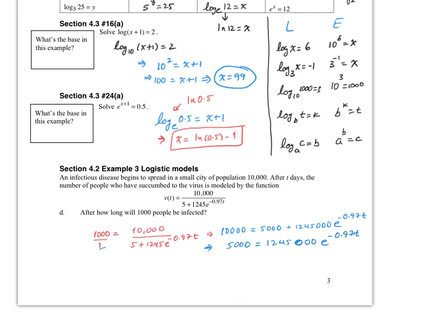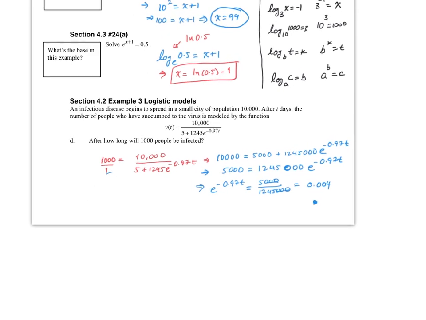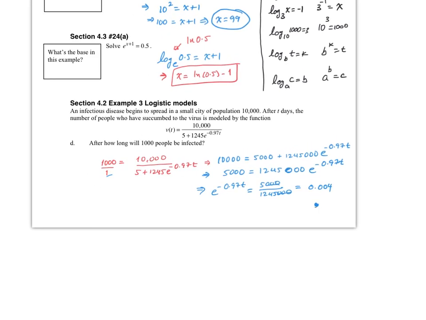Okay? Which means that e to the minus 0.97 t is equal to 5,000 divided by this. The zeros can cancel, and this is actually equal to 0.004. You should check on that. All right, so to finish the problem, this is what we have from here. We have e to the minus 0.97 t equals 0.004.